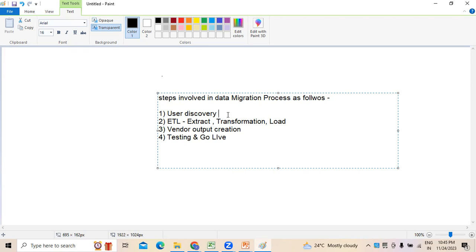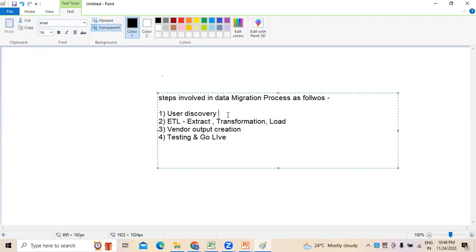External users are people who are using this application from outside. The second one is internal users. Internal users means within the organization, whoever is using this application. Understood, madam? Clear, right?